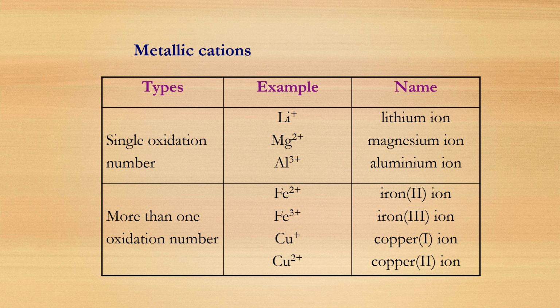For example, Fe2+ carries the name iron(II) ion. Fe3+ is called iron(III) ion. Cu+ is copper(I) ion and Cu2+ is copper(II) ion. The Roman numeral is introduced to differentiate between Fe2+ and Fe3+.